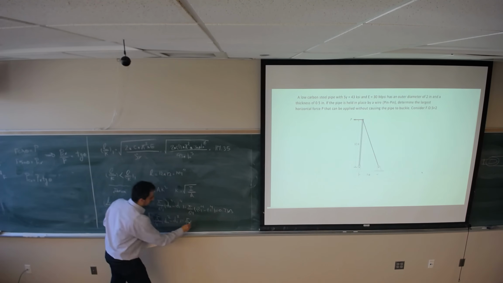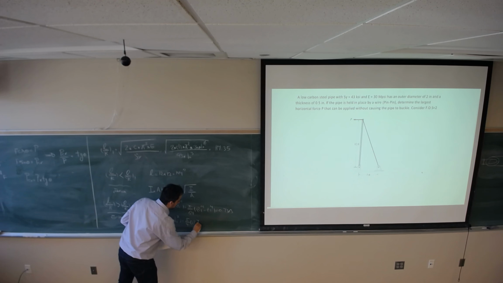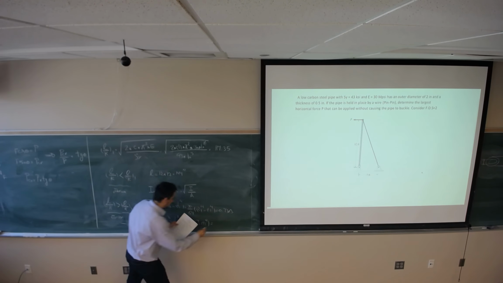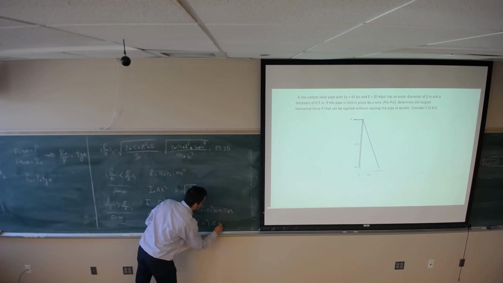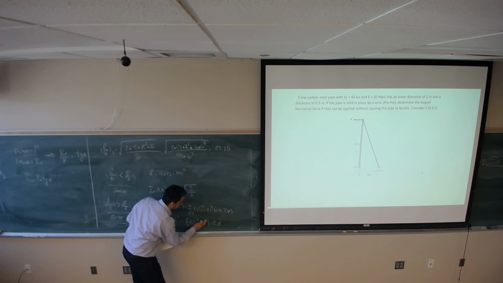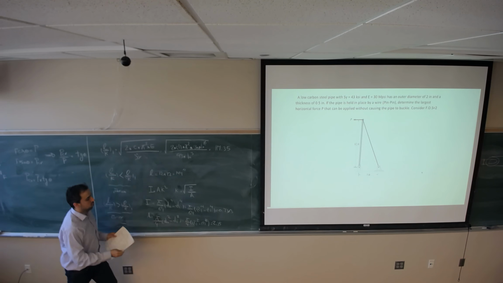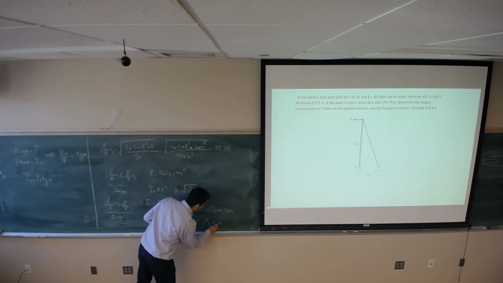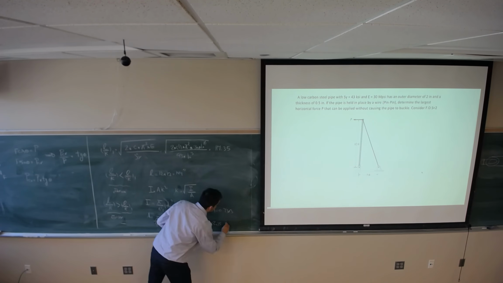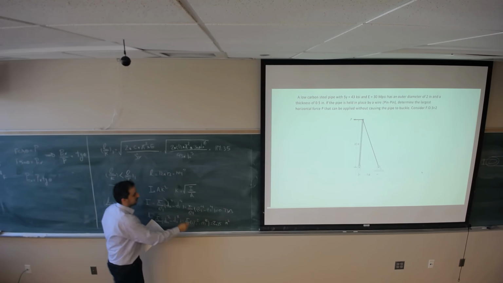Outer is 2 to the power 2 minus 1 to the power 2, so the area is 2.35 square inches.